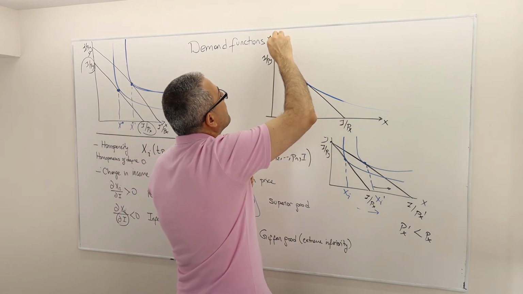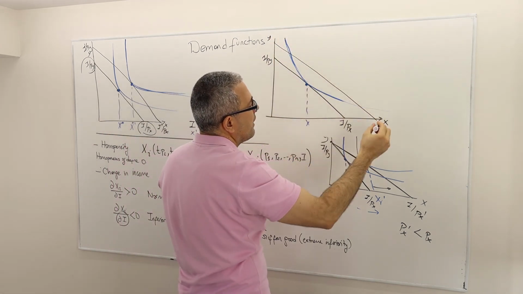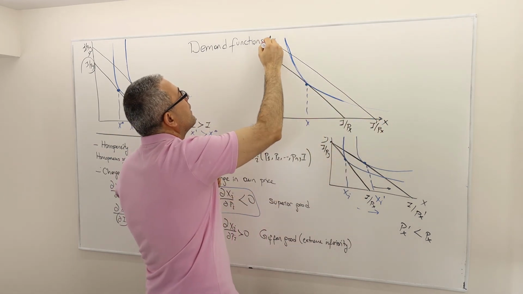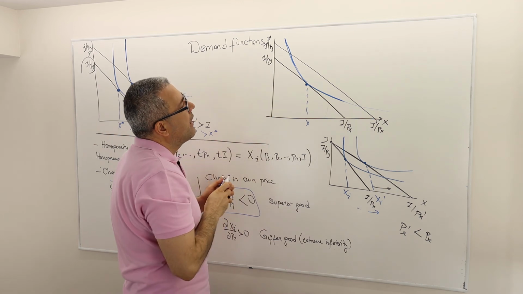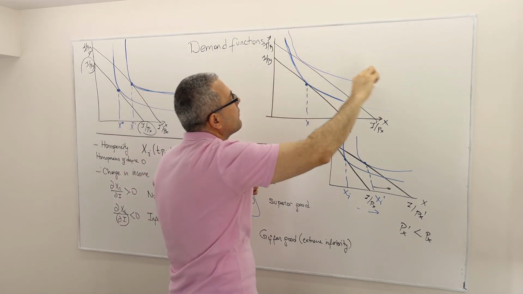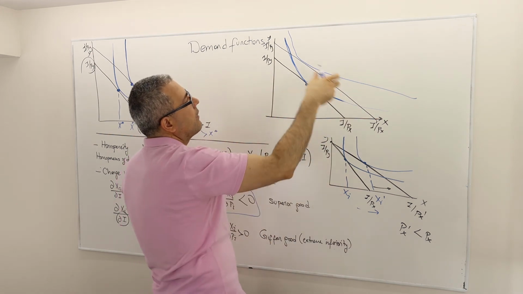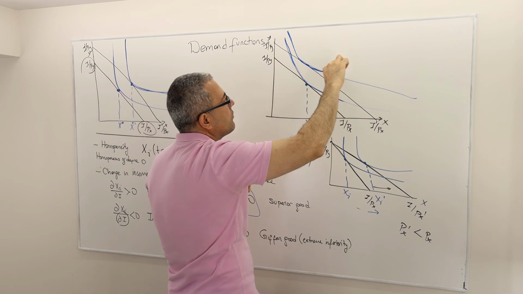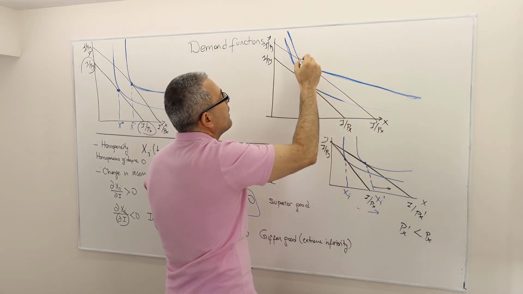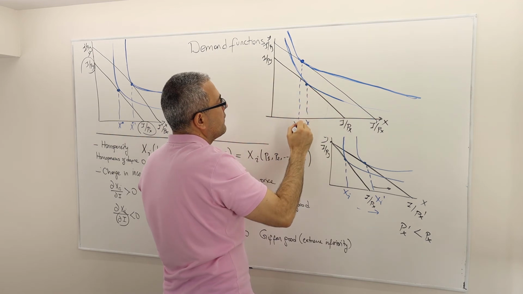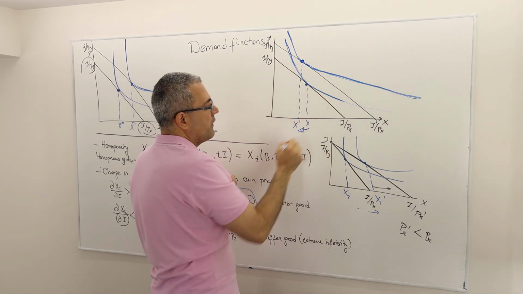Now I have my new budget line here, I prime divided by PX and I prime divided by PY, and my indifference curve is, let's suppose, this way. The indifference curves do not cross one another. That's very important, as we argued.